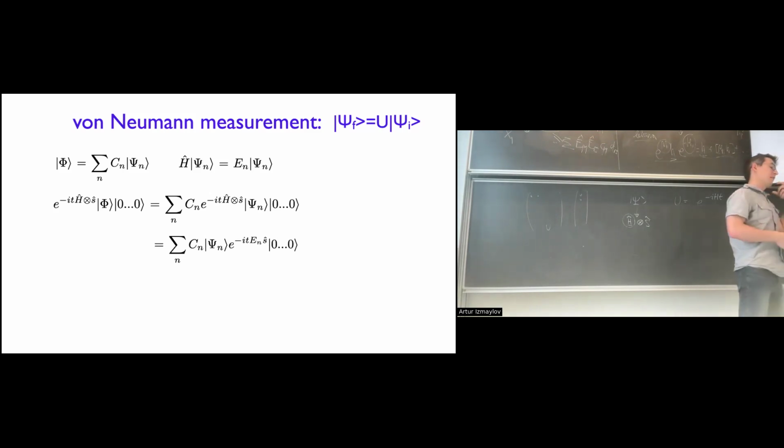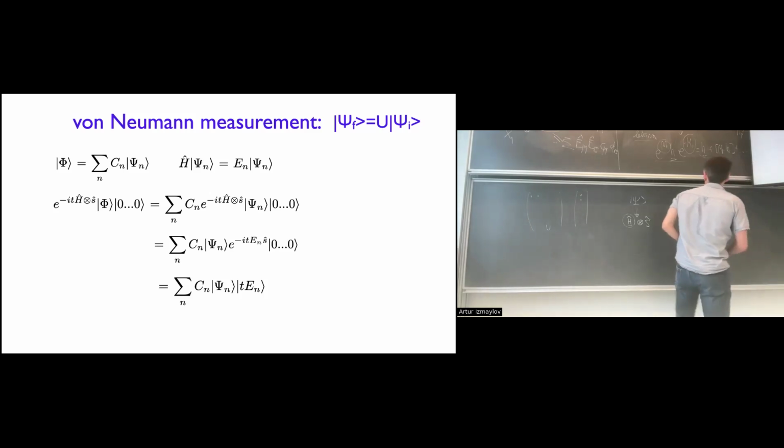So if the eigenvalue is larger, then the shift will be acting more. And eventually, according to this eigenvalue, the shift will act differently on the different products of the ancillas on top of the state we have.